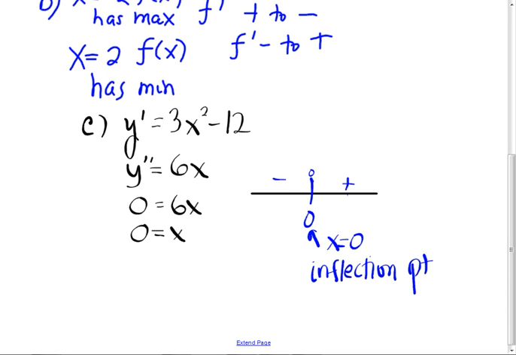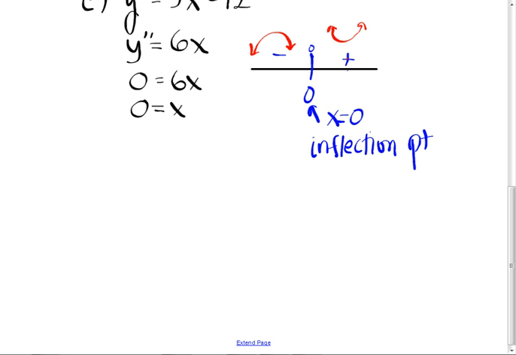And I even know where that is on my graph. So what's happening on the left side? If the second derivative is negative, then the function is concave down. If the second derivative is positive, it's concave up. How do I know that's an inflection point? Because the second derivative changes sign.